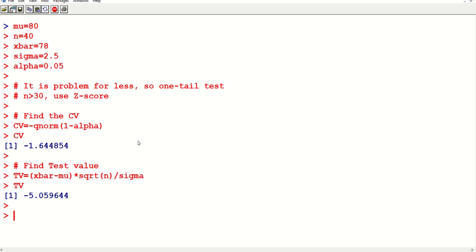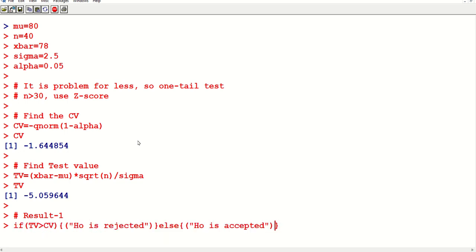After that, same as hypothesis one, we can compare using the test value and the critical value. But here what you need to remember is, because the values are negative, this condition will change.